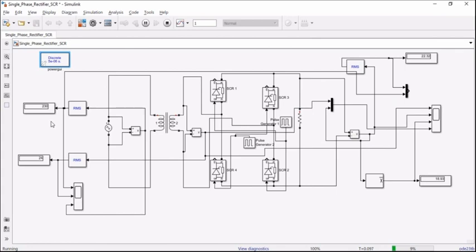Here we can view the 230 volts RMS input. We can see the 24 volts output we are getting from the linear transformer. Now the simulation is running.